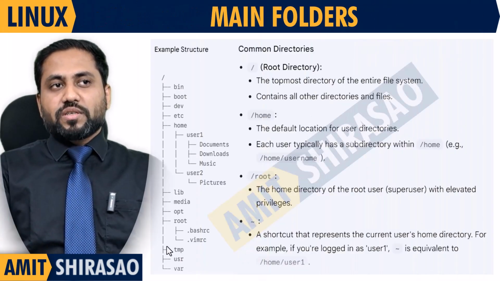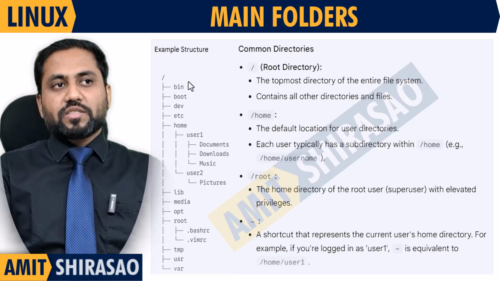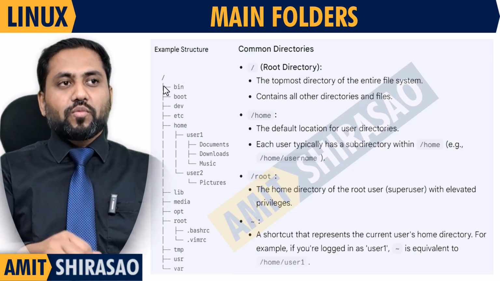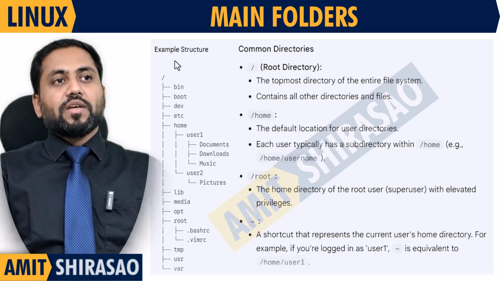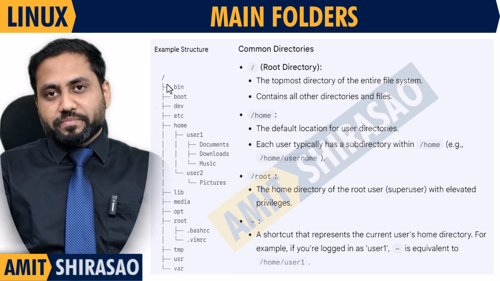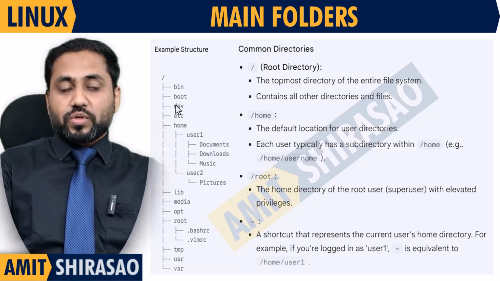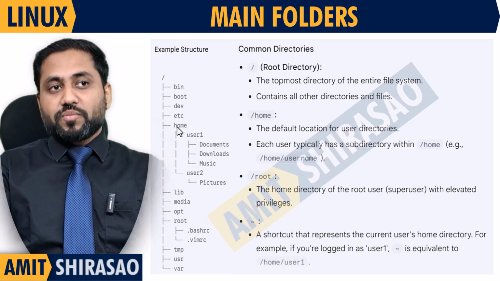These are the folders that are normally there in Linux. It all starts with the root folder. Now these are the level 1 folders after root. Two of them are very important. One is home, another is root.